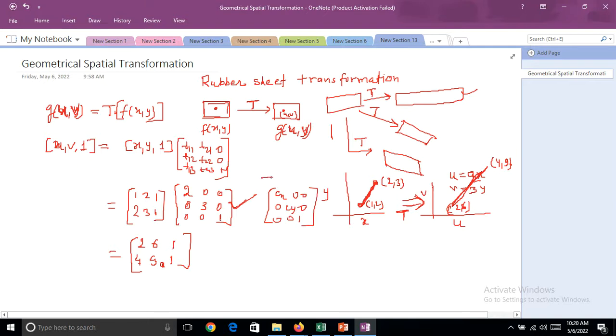Having this kind of operator, if you multiply with every coordinate point, like we have two points, 1 comma 2 and 2 comma 3, after multiplying you get 2 comma 6 and 4 comma 9. Just for an example, we have taken only two pixel values: the coordinate of pixel 1 2, and the coordinate after applying this particular operator.